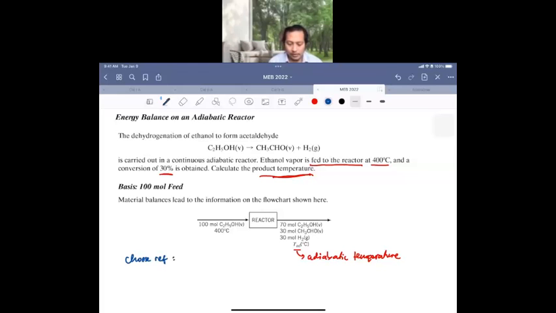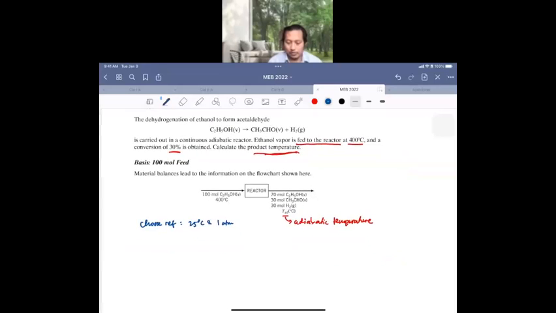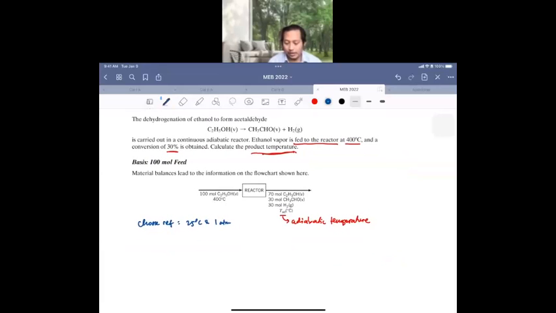Since it's better to choose the reference at room temperature and 1 atmosphere, I think we can just go to mentioning it in the table. So we put the table.